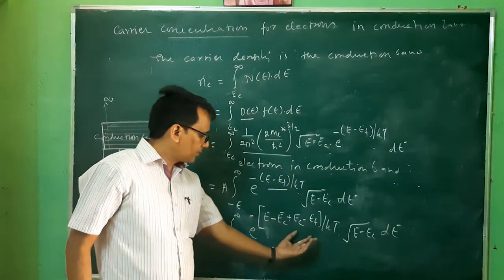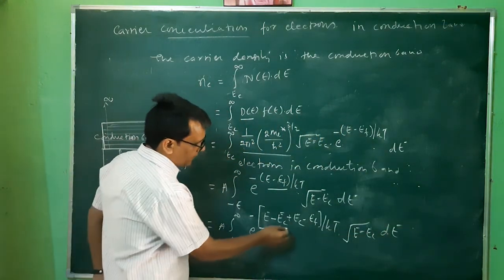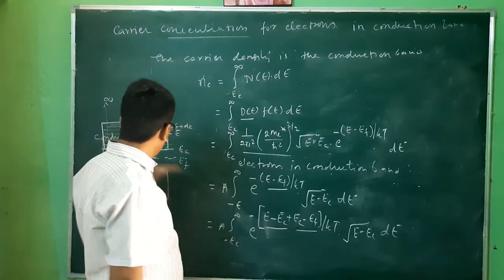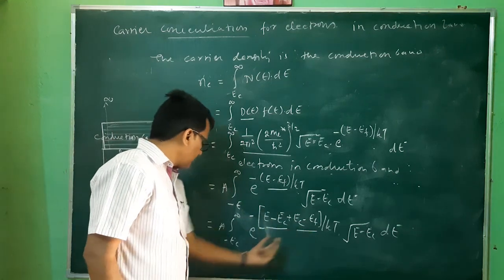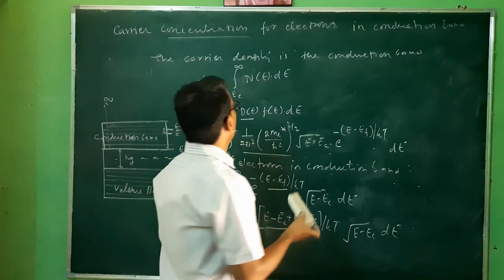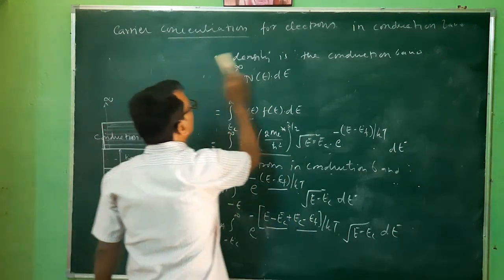Now we can convert this into two parts, one related to Ec − EF and another related to E − Ec. Ec and EF are constants, so one constant can be taken out of the integration.